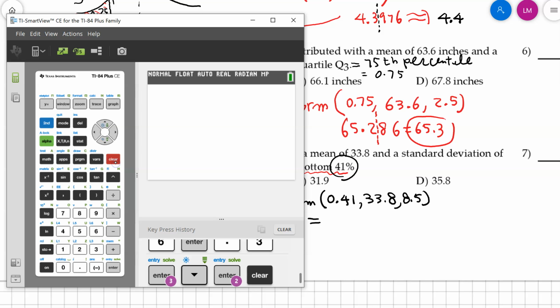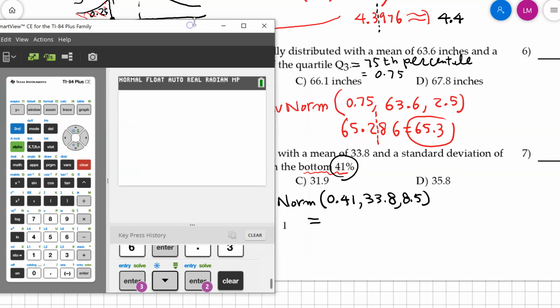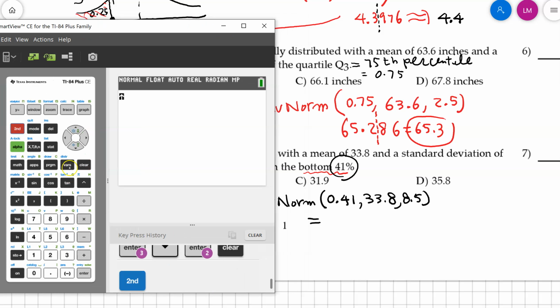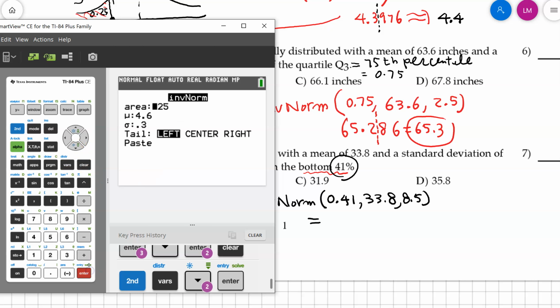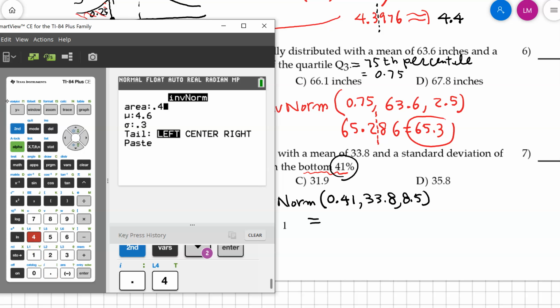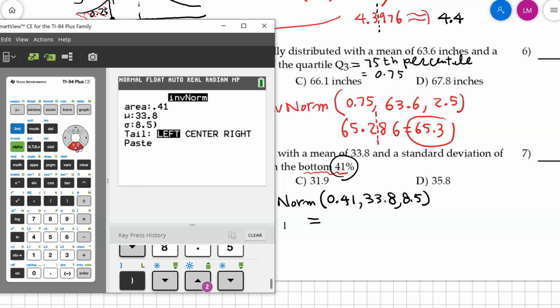Clear. You put inverse norm, second bars, go to number 3. The first number is 0.41, the next one is 33.8, and the last one is 8.5. Close parenthesis. Oh, no, you don't need the parenthesis. I got mixed up with the other one. Go up, go up, go down. 8.5.